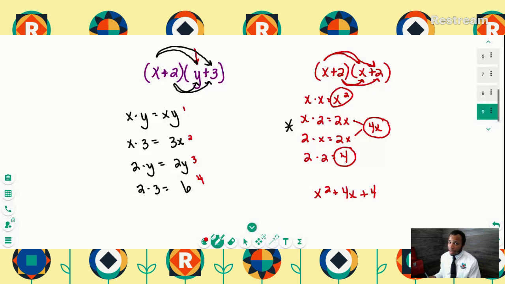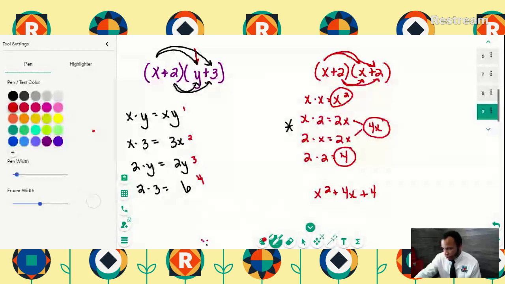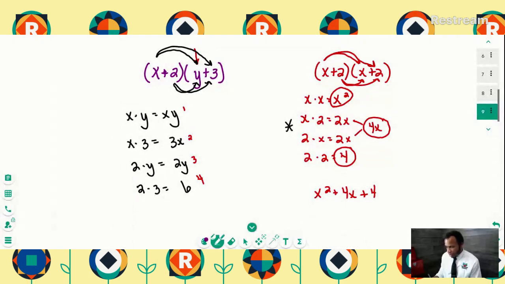Since they're not like terms, we take each piece and it'll be a term in our answer. So we have xy plus 3x plus 2y plus 6. And that'll be your final answer.